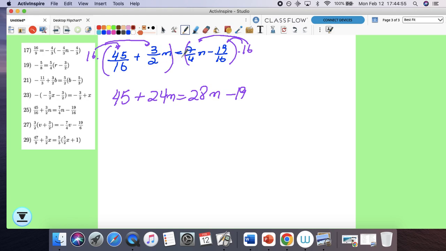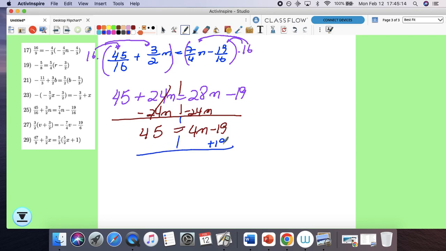And then let's get rid of the smaller guy, which is this guy, minus 24n, and minus 24n. This goes away, I'm left with 45. Over here I have 4n minus 19. We're going to do plus 19, plus 19.